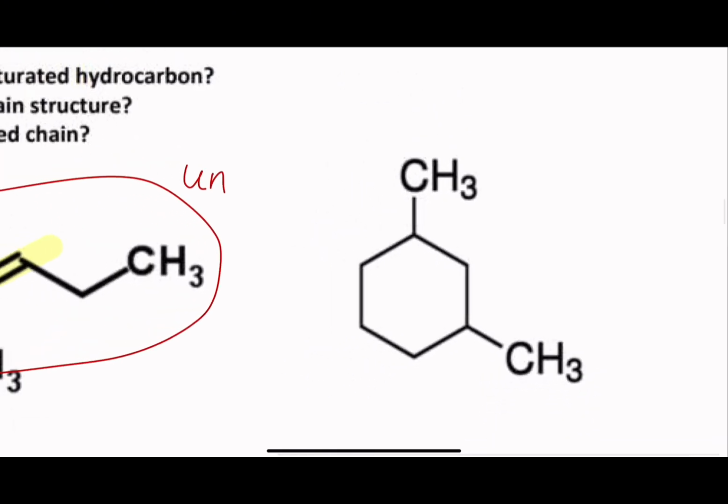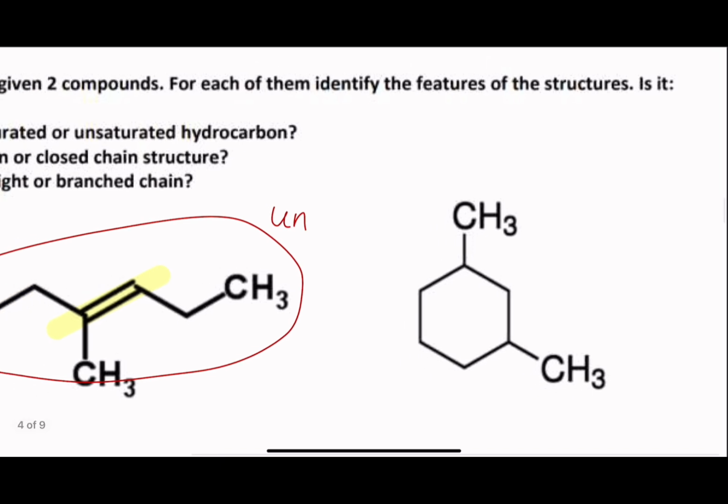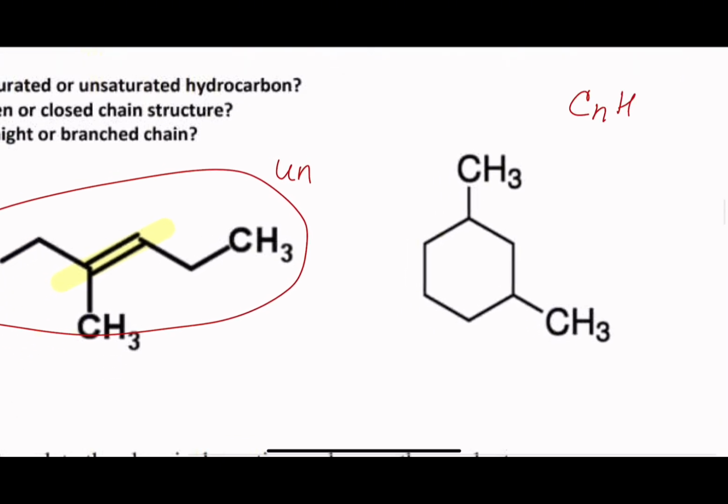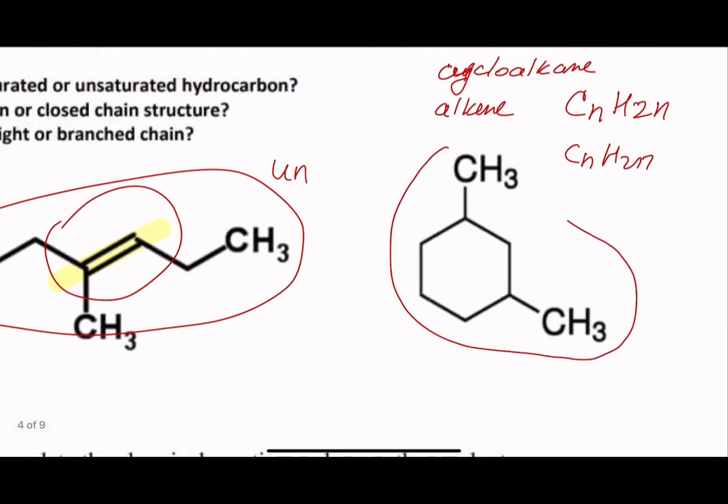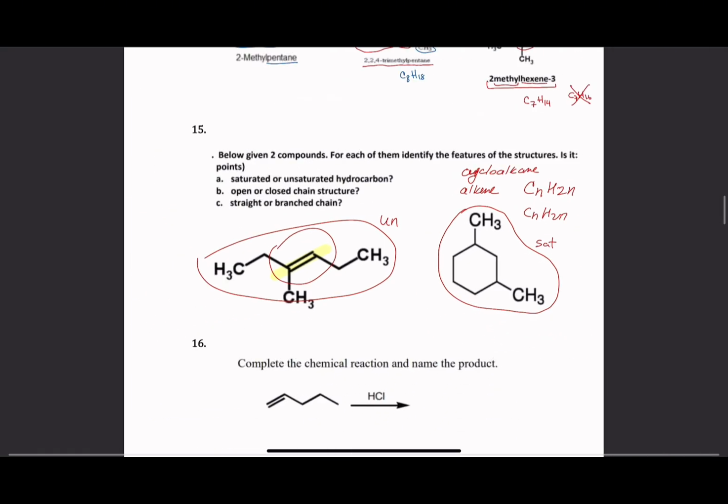It has 2 fewer hydrogens compared to alkanes, because the formula is CnH2n for cycloalkanes and alkenes, the same molecular formula, but alkenes get it because of the double bond, while cycloalkane is because of the structure. They are saturated because they don't have any double bonds. So double bonds are the main criteria for unsaturation.